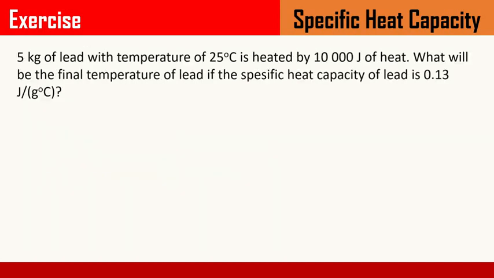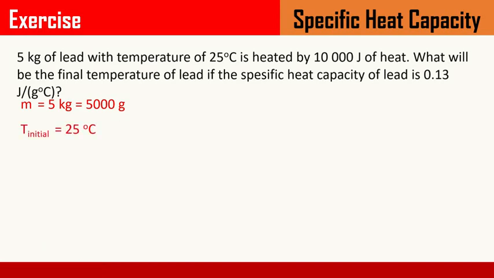The next question. Please take 10 seconds to read the question. Okay, let's go. So we have the mass 5 kilogram. Why do we have to convert into gram? Look at the specific heat capacity unit. Here it's per gram. So that's why you have to use the gram.